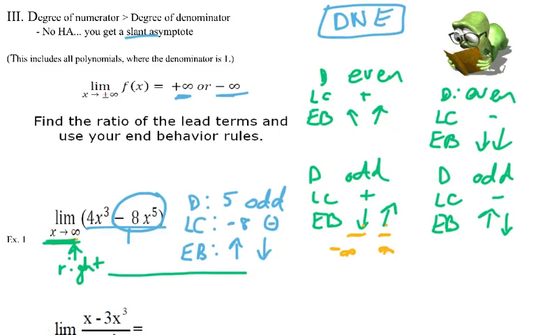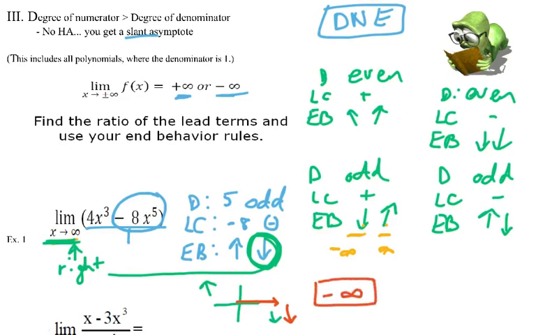So we're going to look at the right-hand arrow, because if this end behavior is telling me I go up to the left and down to the right, I only care about this right side arrow if x is going to positive infinity. So as I go to the right forever, where is my function going? What y value is it approaching? It is approaching a y value of negative infinity.